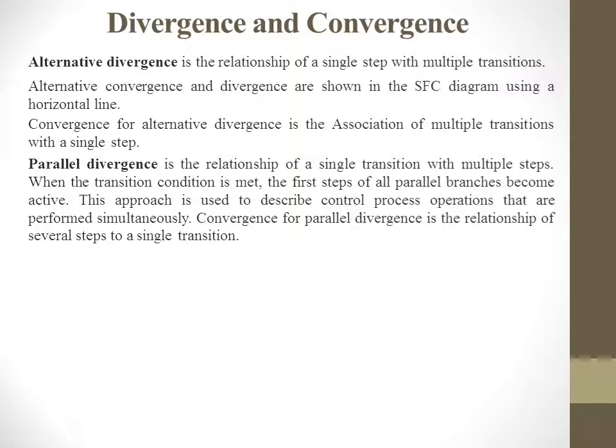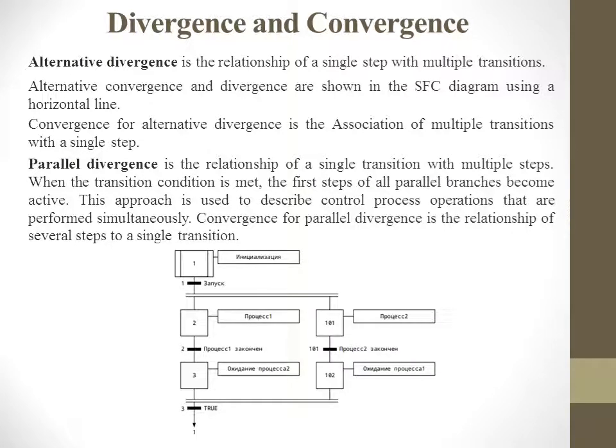This approach is used to describe control process operations that are performed simultaneously. Convergence for parallel divergence is the relationship of several steps to a single transition. In this picture we can see the parallel divergence. This is the designation of this process in the program.